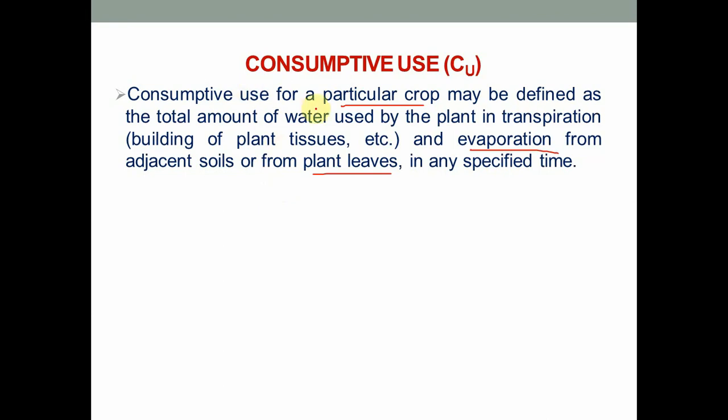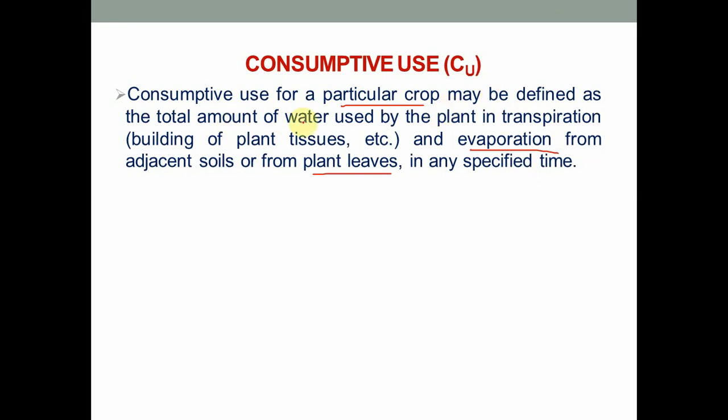In simple words, it is the total amount of water required by the crops for its growth, as well as the water which gets lost in evaporation. This total amount of water is known as the consumptive use.